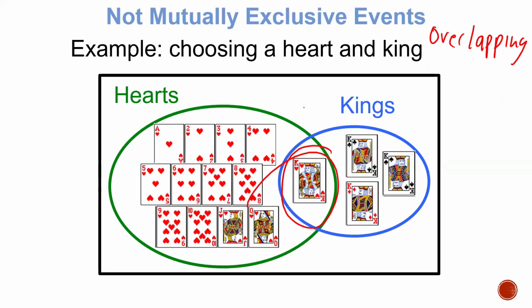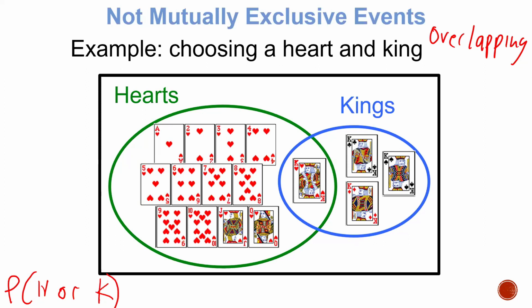Let's just look at that, all right? Anyone know how many cards are in a deck? 52, right? So let's say we want to find the probability of drawing a heart or a king. Well, we could calculate it, but here are all such cards, right?